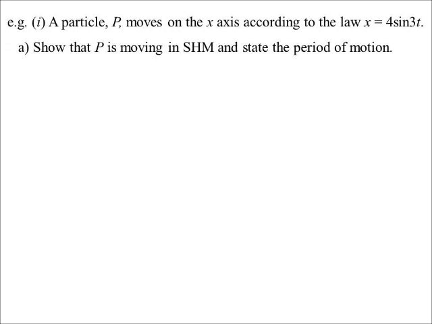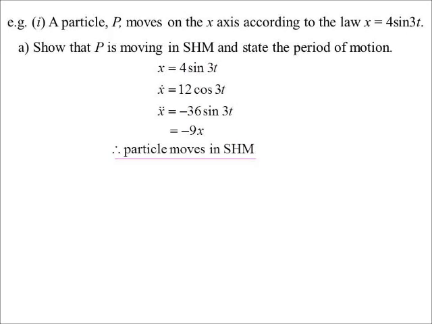So I'm just going to differentiate twice with respect to time. And if we have a look at that, well, displacement was 4 sine 3t. So there it is. Acceleration is minus 9x. It is negative constant times displacement. So yes, that satisfies simple harmonic motion.